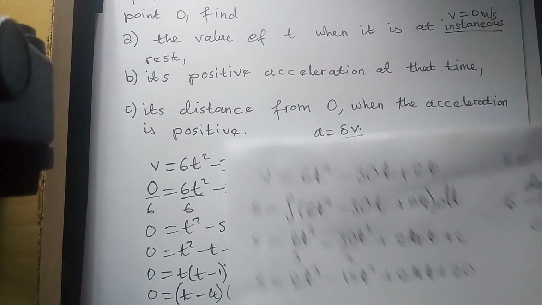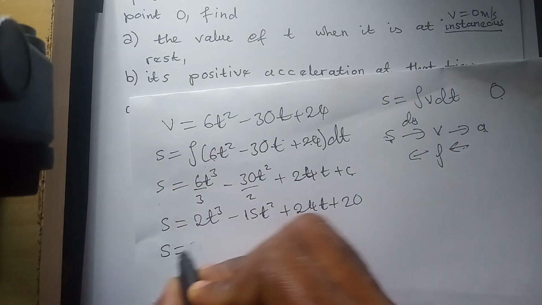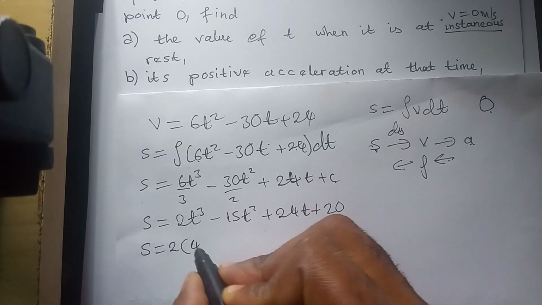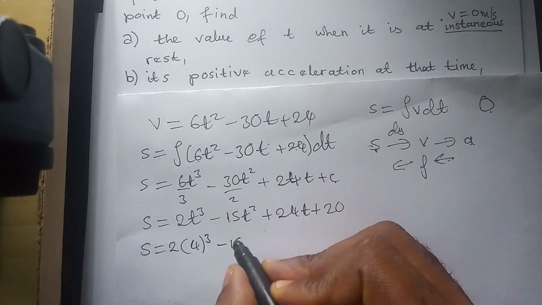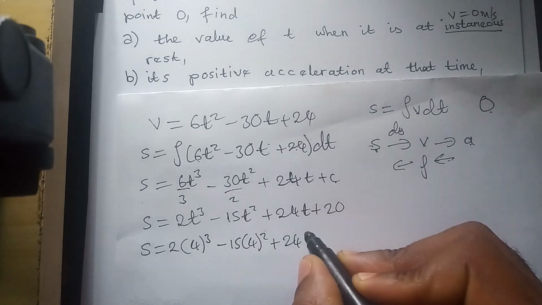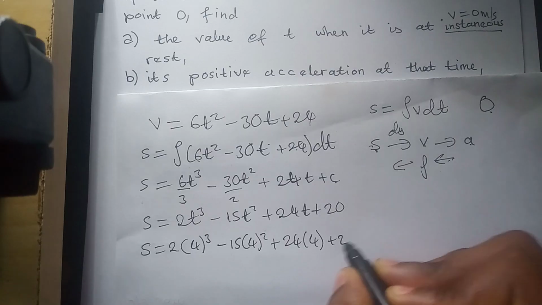Our t is 4. So we can say S is equal to 2, and then this is 4 to the power 3, minus 15 times 4 squared, plus 24 times 4, plus 20.